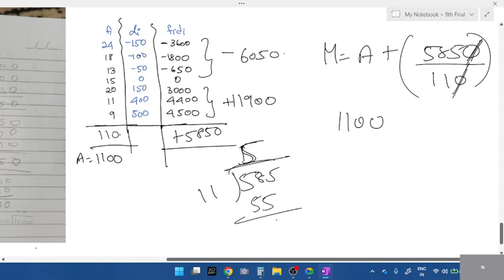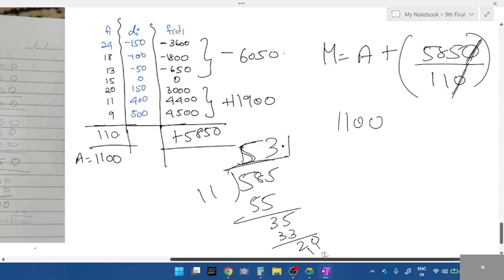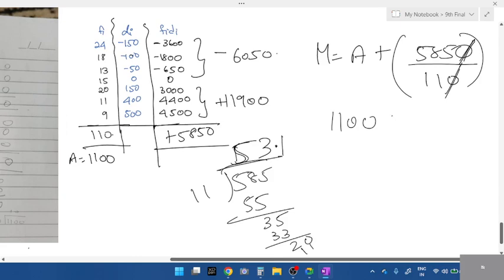What's the remainder? 35. 11 threes are 33. Fine. So the remainder you get is 2. You add a 0. 11 ones are 11. Okay. So just take 53.1. What do you get next? 8. 53.18, students. Okay. Just take 2 decimals. Is it clear? So the answer is 1153.18.